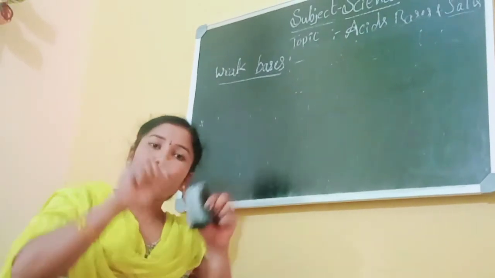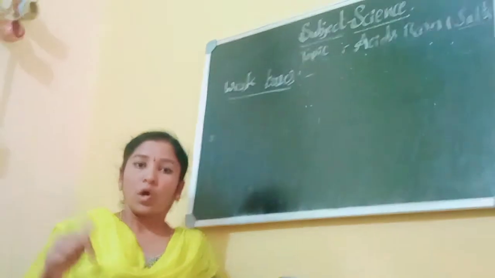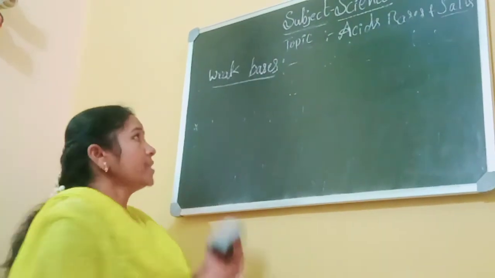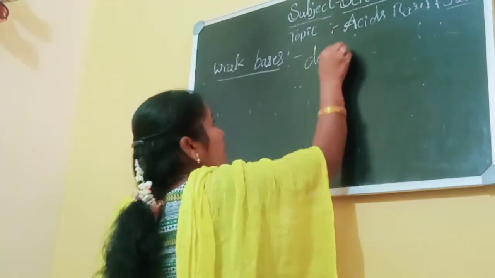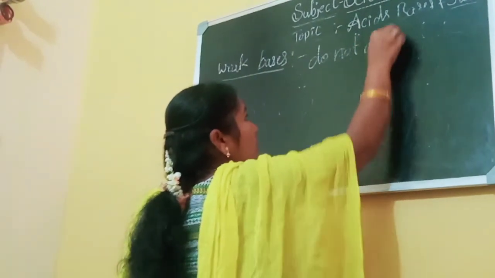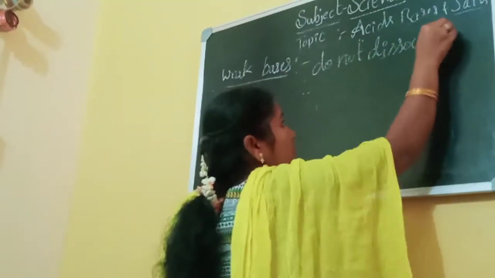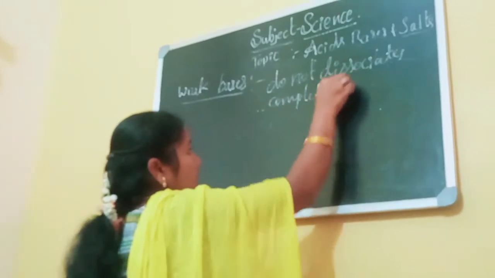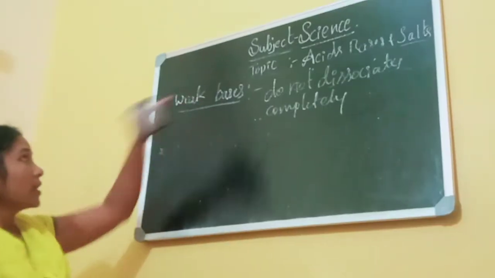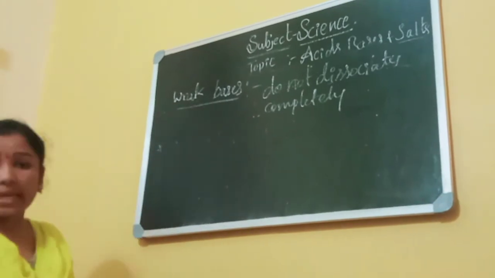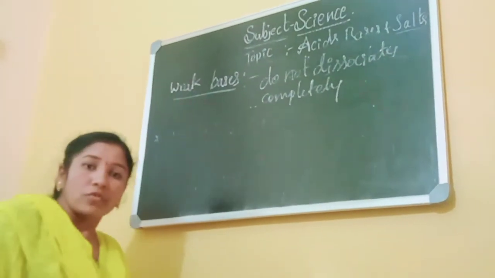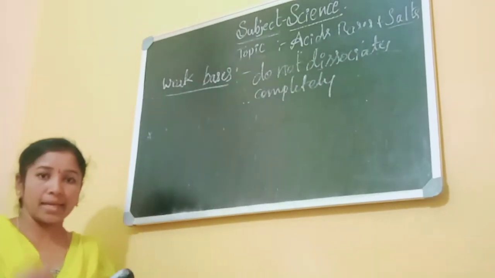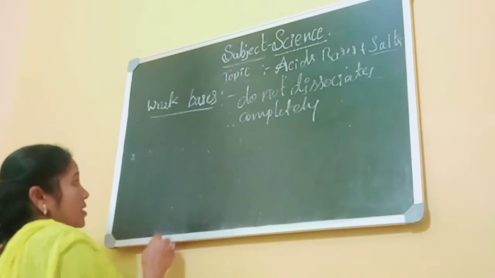Strong means it completely dissociates, so weak is quite the opposite. The bases which do not dissociate completely are called weak bases.